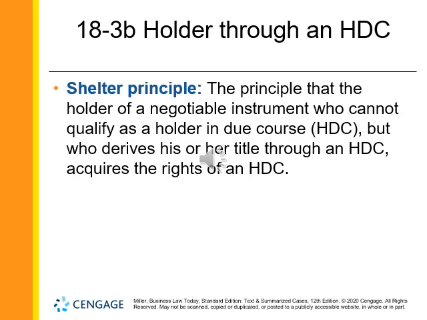However, a person who previously held the instrument cannot improve his position by later reacquiring it from an HDC if the former holder was a party to fraud or illegal activity affecting the instrument or had notice of a claim or defense against the instrument. Thus, you can't cleanse your knowledge by virtue of using an intermediary HDC.